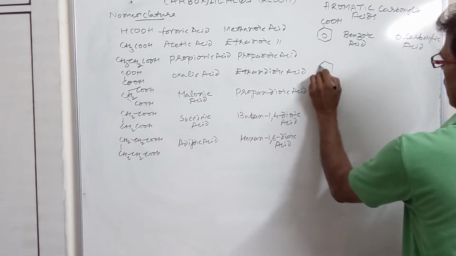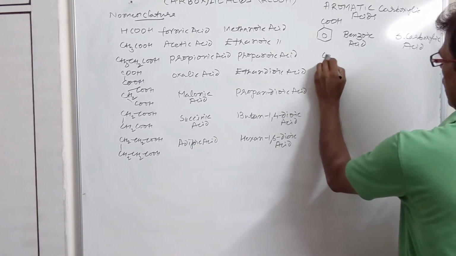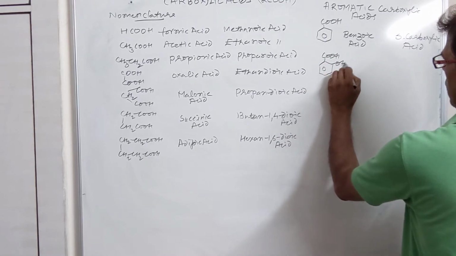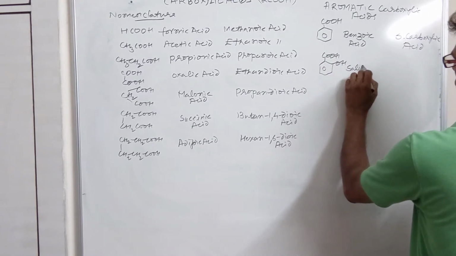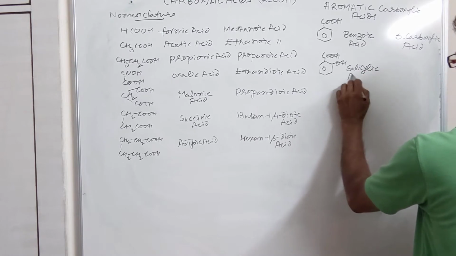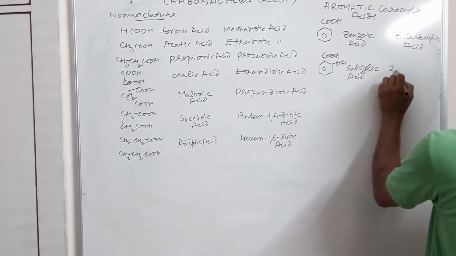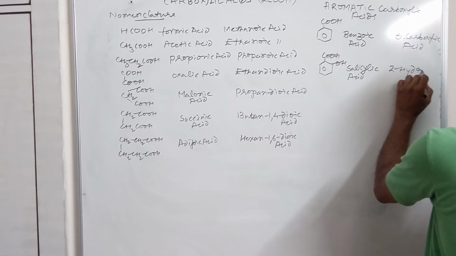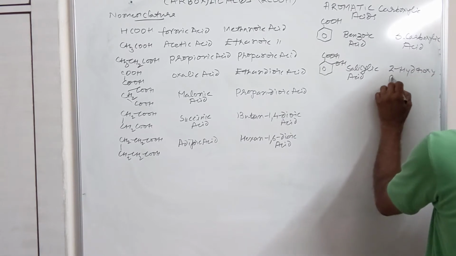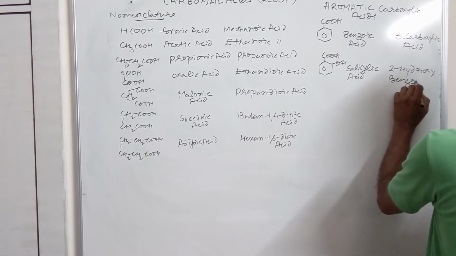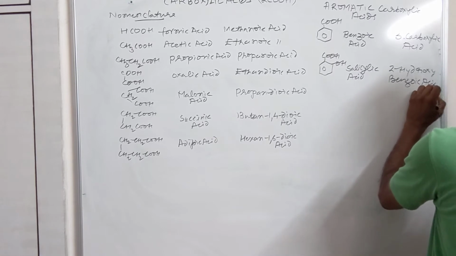Then we have another acid, ortho position substituted by OH group. This is salicylic acid. IUPAC name is 2-hydroxy benzoic acid or benzene carboxylic acid.